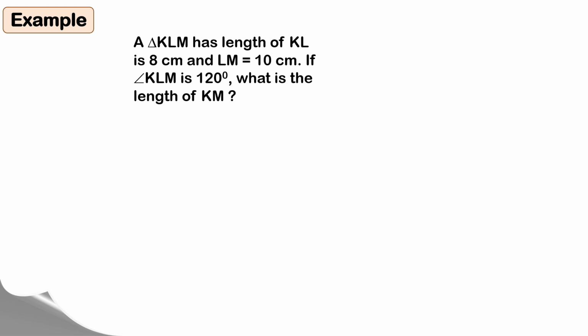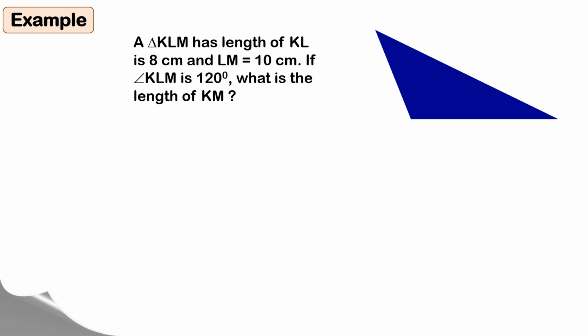If the angle KLM is 120 degrees, what is the length of KM? Here is the solution. Draw the triangle KLM first and enter the available data to get the formula.